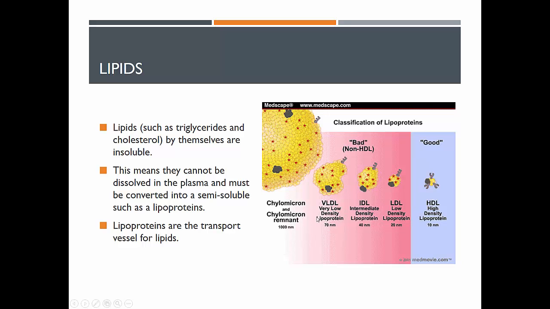The more protein, the denser the molecule, you get HDLs, and they're generally considered the better ones. The reason why the others are considered bad is that they can stick to the walls of our arteries and form a plaque, narrowing our arteries and causing things like heart attacks. So they're not particularly good. But basically, lipoproteins, lipids.